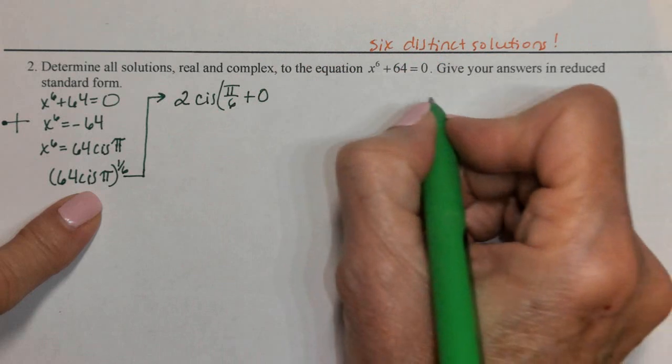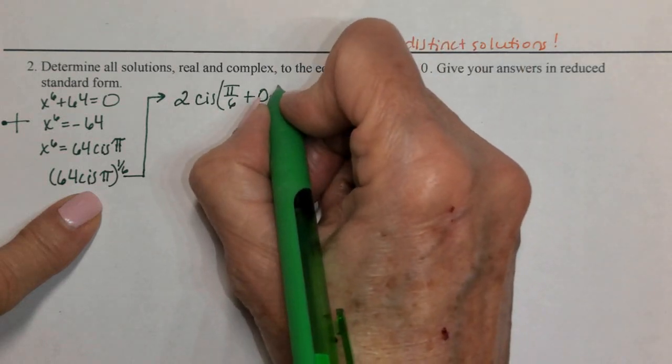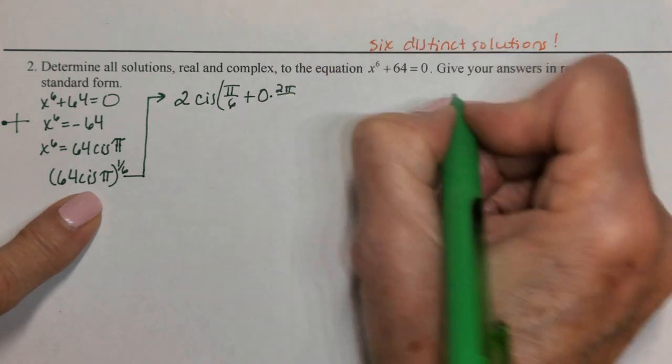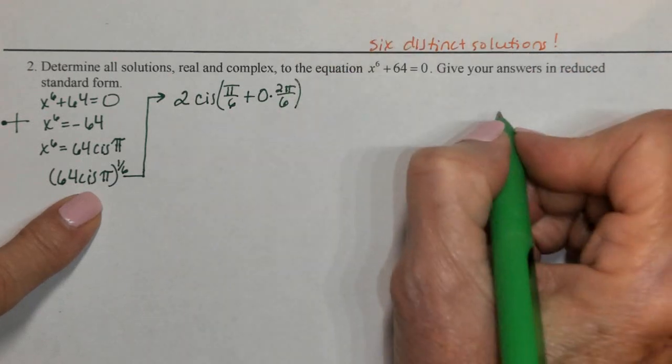So I'm going to start my pattern. 0 times 2 pi divided by n, and here n is 6.